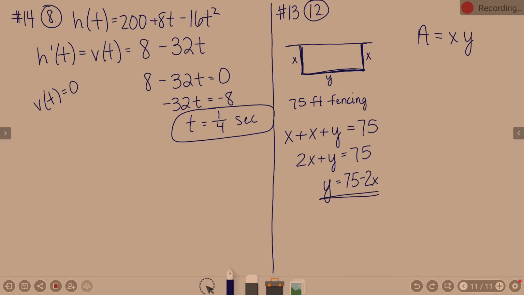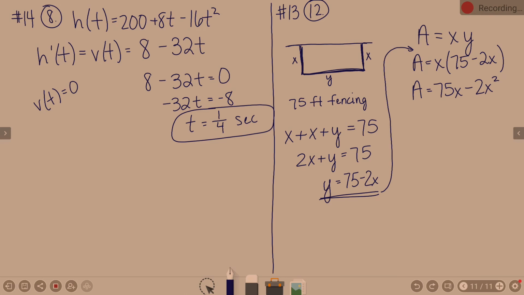This is our y, yes? Where can I put it? Into the area equation. So now area is going to be x times 75 minus 2x. Don't try and find a derivative until you distribute. So my area equation is 75x minus 2x squared.